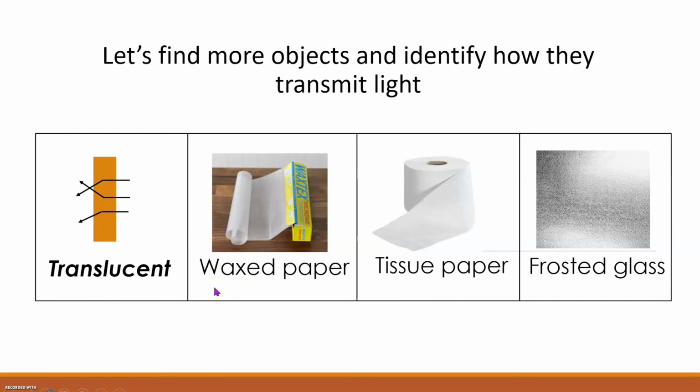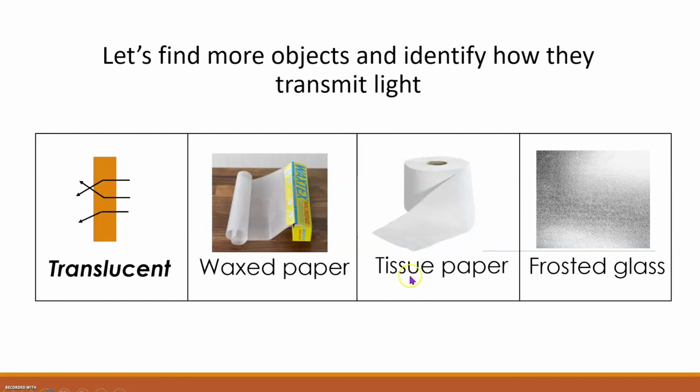The first object is waxed paper. Everybody repeat after me. Waxed paper. Very good. What material is waxed paper? It is a translucent material because we can still see through but not clearly, because it just transmits some of the light.